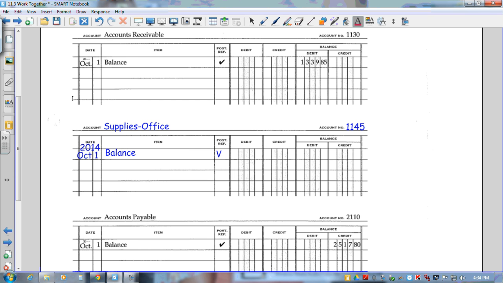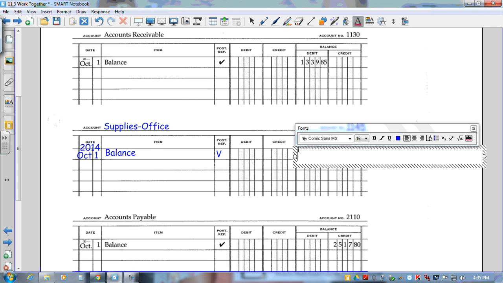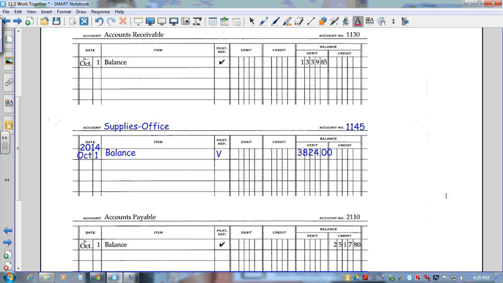If you don't remember, it's on the left side of the accounting equation, so that means it has a normal debit balance. So I'm going to come over here to the balance column and put in the amount, $3,824. Okay. We now have number 1 done.